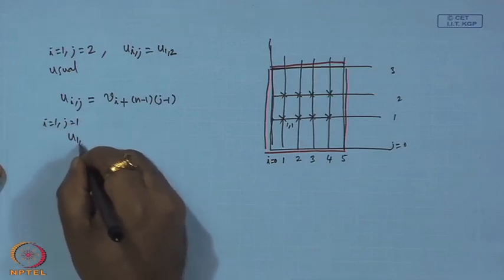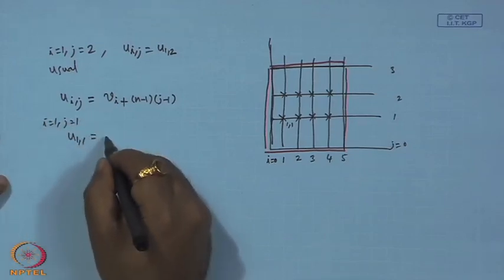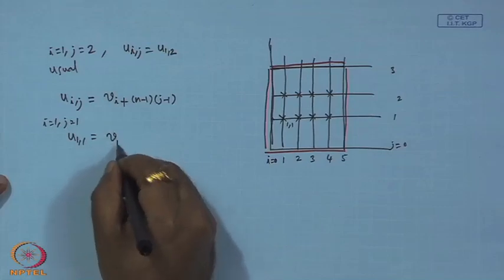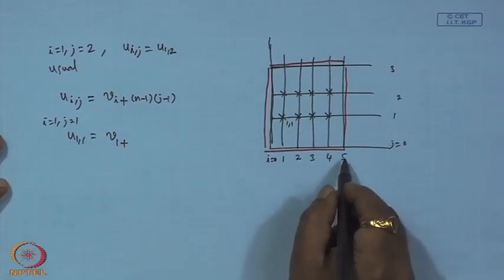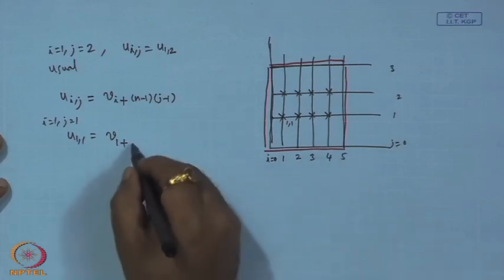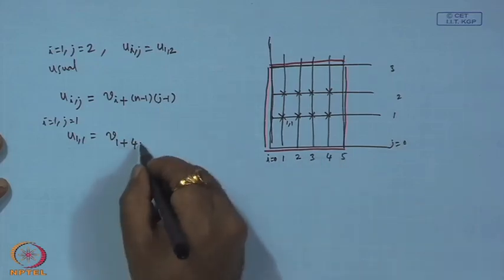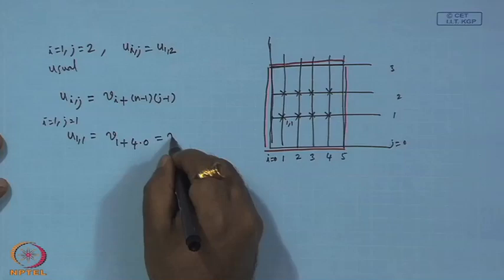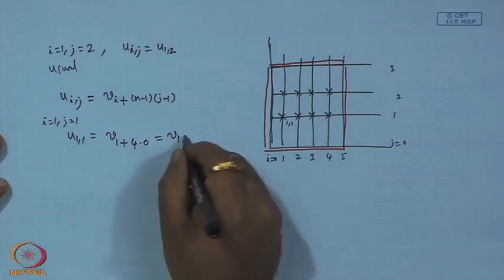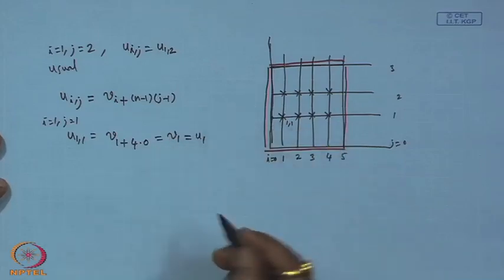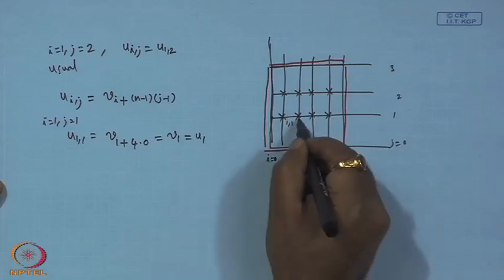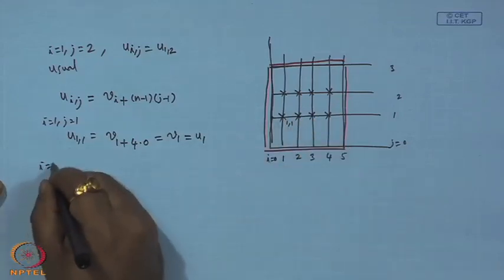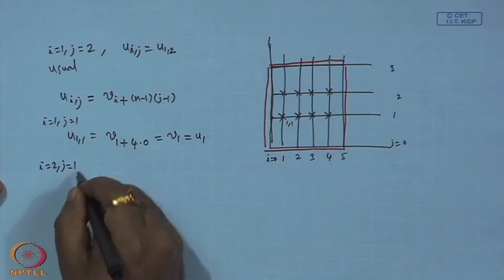So, v 1 1 equals v 1 plus 4 times 0; you may call it u 1. Now consider this point, i is 2, j is 1.